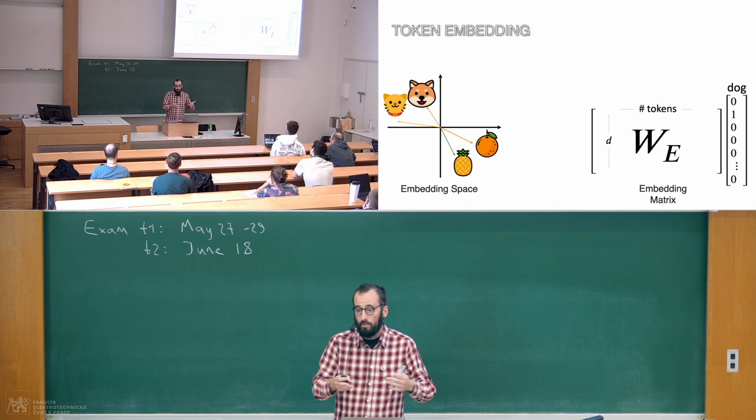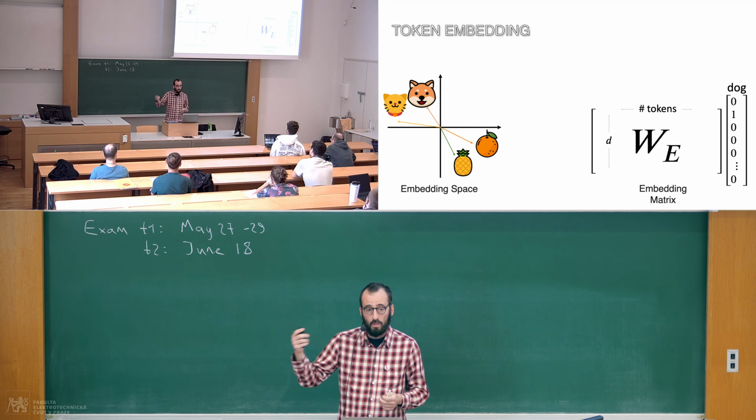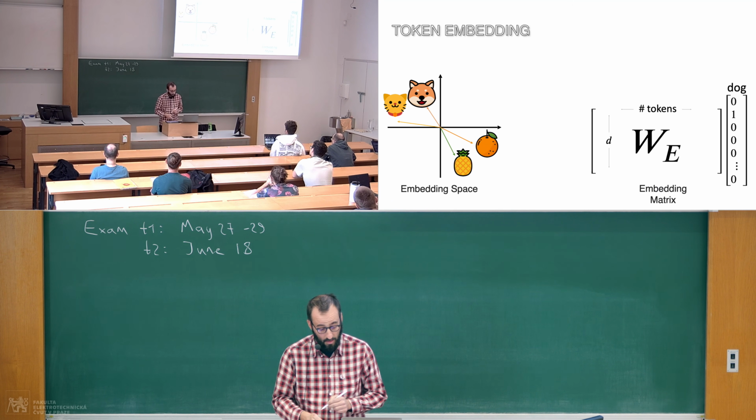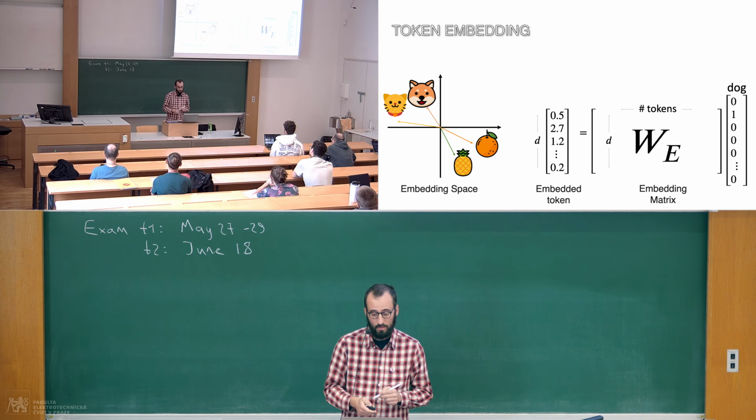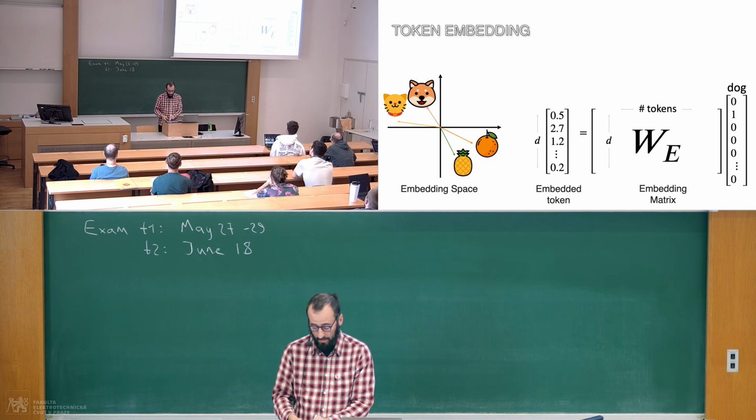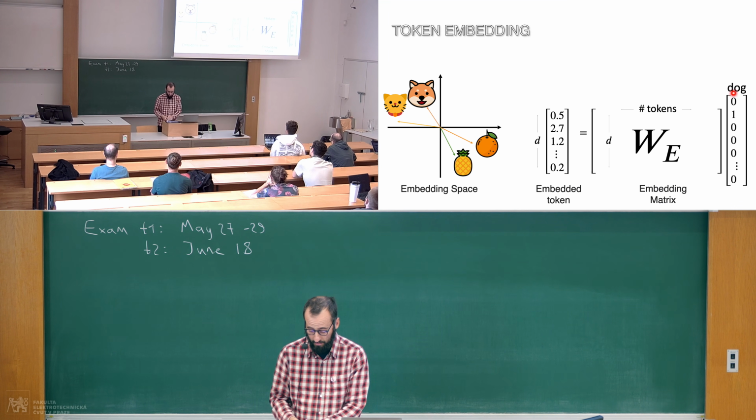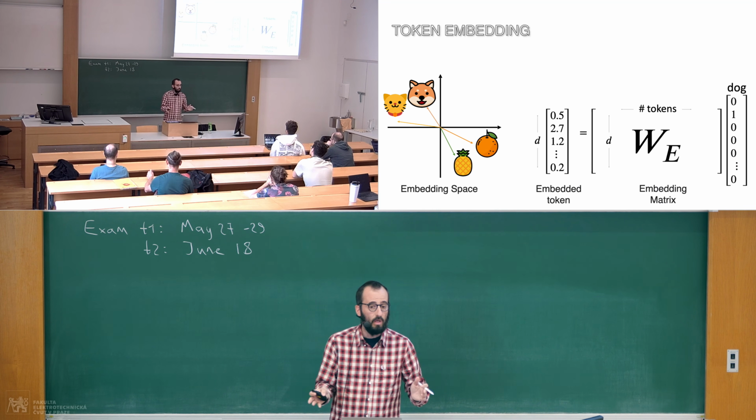So there is a one-to-one equivalence between every token, every word in the codebook, and the columns of this embedding matrix. By doing this multiplication, if you take the one-hot encoding of a dog and multiply with this matrix, essentially that's a lookup table.